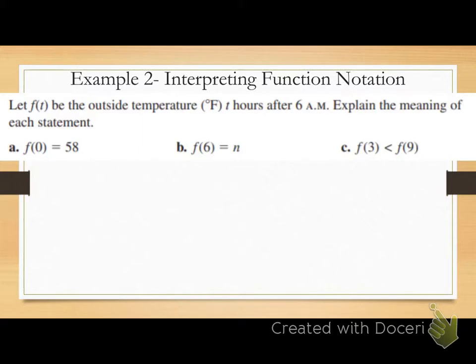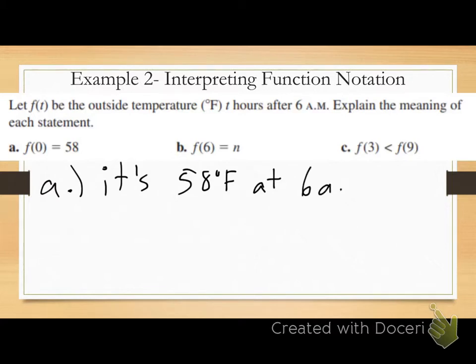So what time is it on letter A? 6 a.m. So what's it saying if it says f of 0 equals 58? There we go. Did everyone hear that? It's 58 degrees Fahrenheit at 6 a.m. Does everyone understand how we got that?